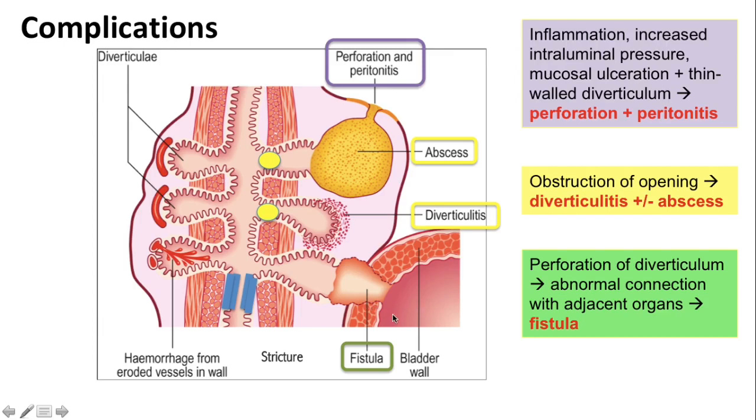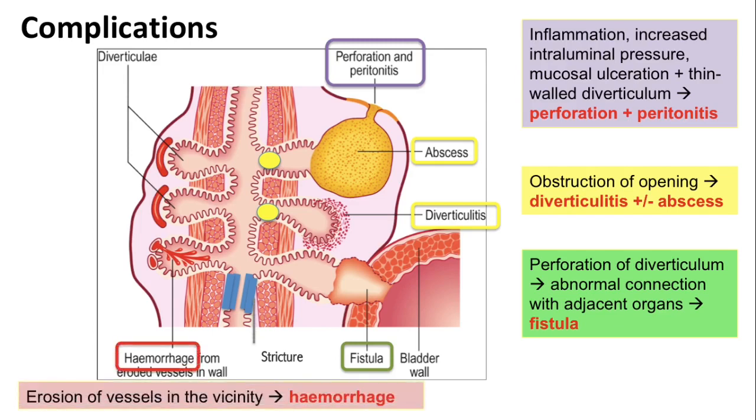So this can occur, say, between one loop of bowel to another, or in the image illustrated here, a connection between the diverticulum in the bowel with the bladder. So if you have a bowel-bladder fistula, then patients may present with features such as passing fecal material within the urine.